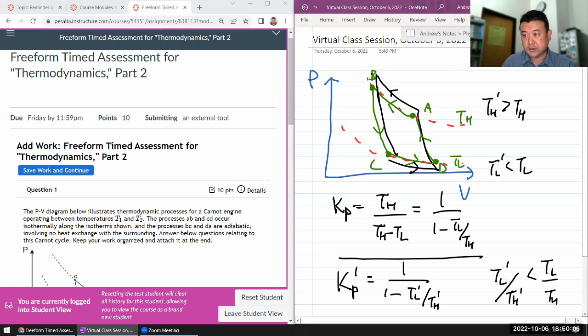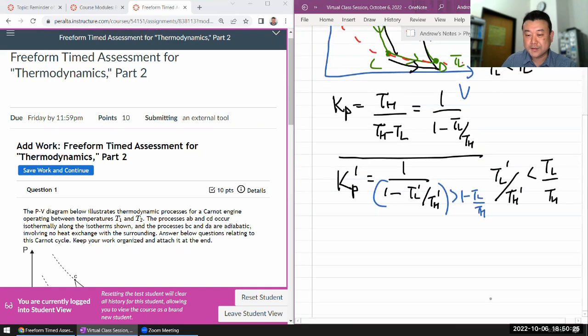Both of these effects are working in the same direction. So this being less, 1 minus this is greater than 1 minus TL over TH. And this denominator being greater than what's here, that means Kp prime is less than Kp.